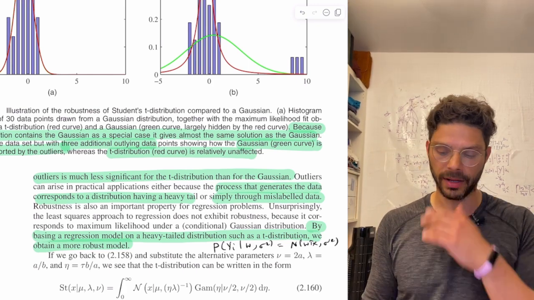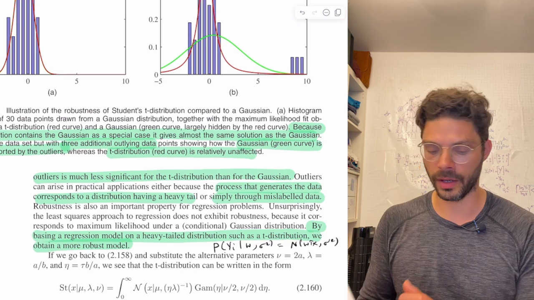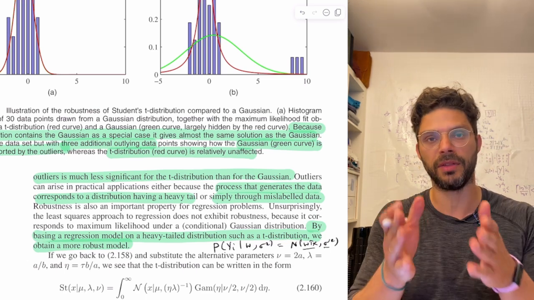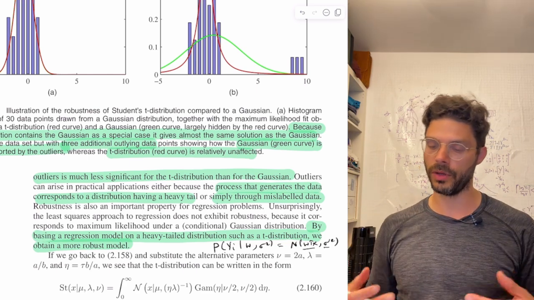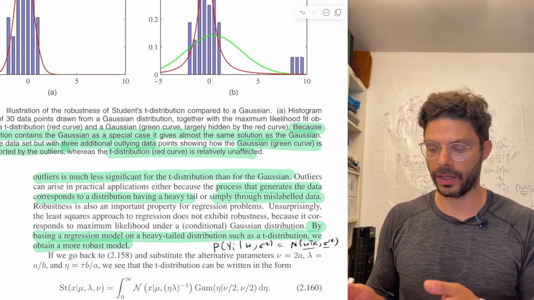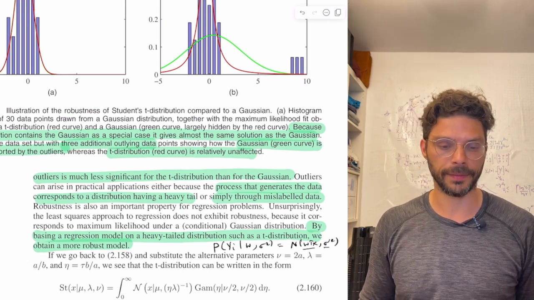So you kind of assume that your data points are situated around some mean with some variance, and everything is normal. And on that normal distribution, you're not going to get these robustness properties because you're basically ruling them out.